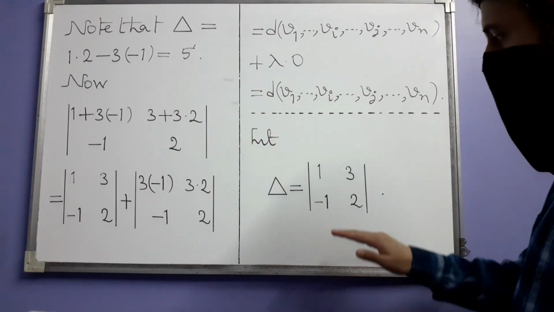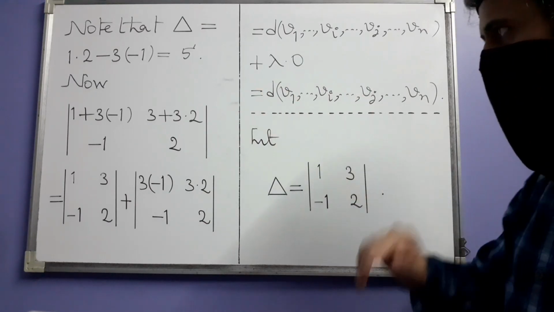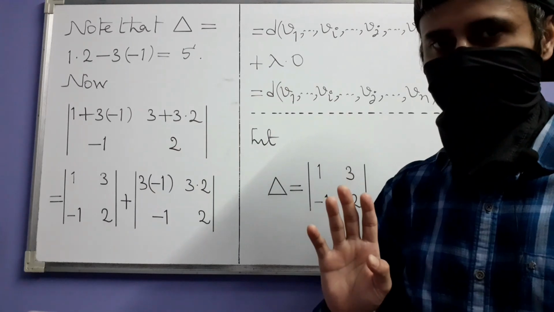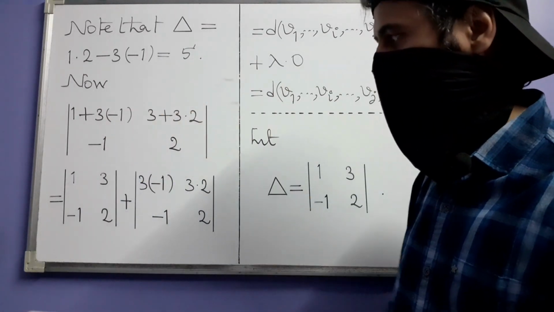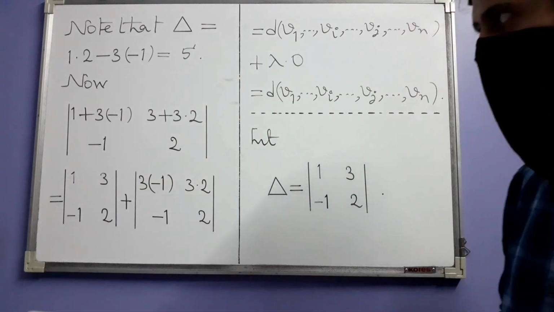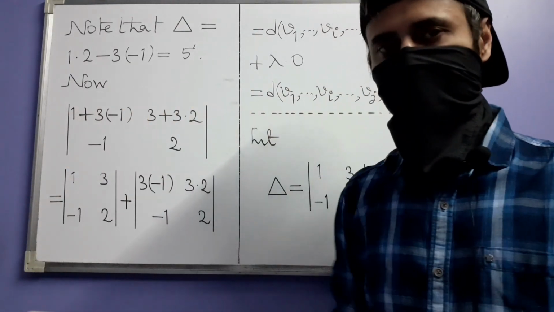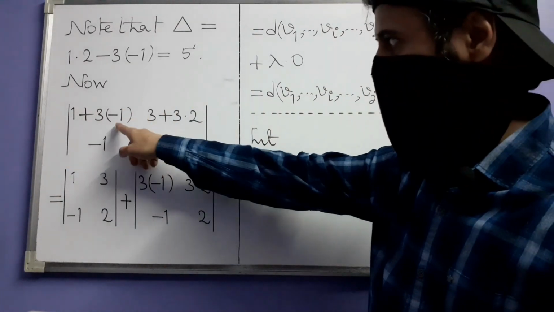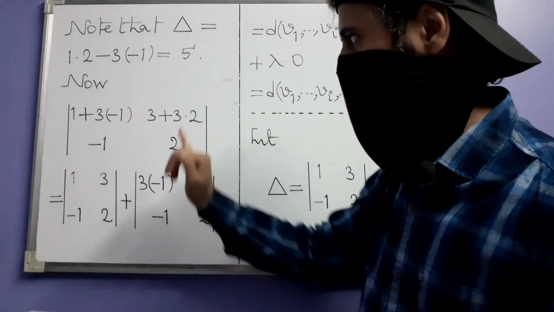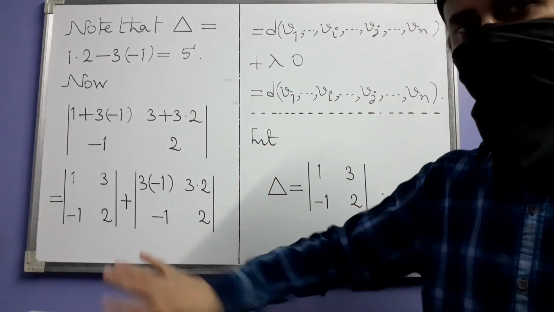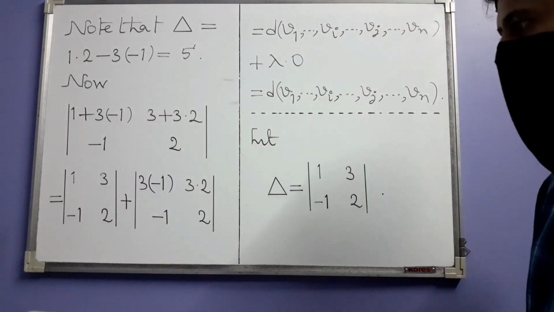That means we have added 3 times the second row to the first row, means the first row has been affected. So we are using the first row to do this split, where 1 and 3 go to one determinant and the other things 3 times minus 1 and 3 times 2 go to the other determinant.